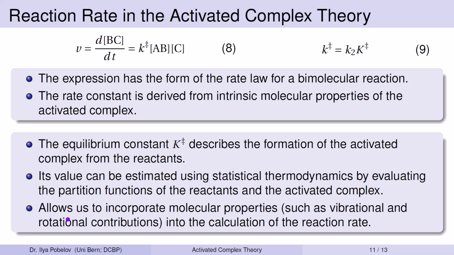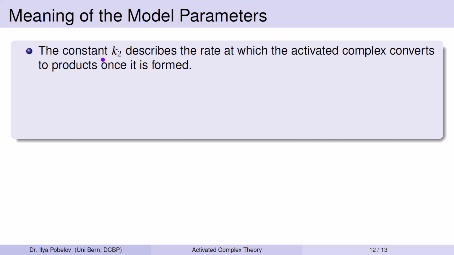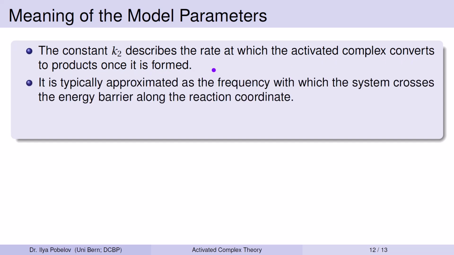This approach allows us to incorporate molecular properties such as vibrational and rotational contributions into the calculation of the reaction rate. The constant K2 describes the rate at which the activated complex converts to products once it is formed. It is typically approximated as the frequency with which the system crosses the energy barrier along the reaction coordinate.